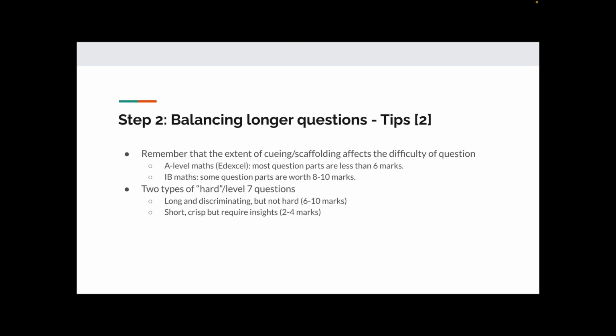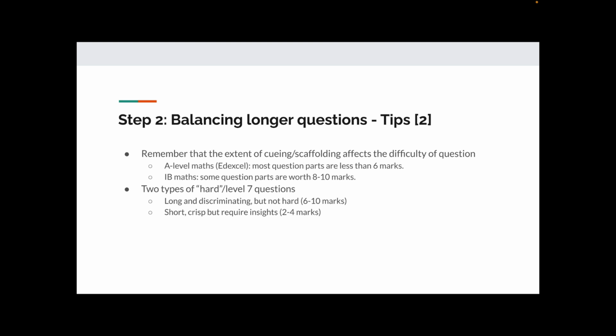The last part or parts of the question should either be long and discriminating but not hard, 6 to 10 marks, so it's going to be a very long procedure that is discriminating in and of itself. In other words, it's not trivial that everyone will get it correctly, but it's simple enough that students who do know what they're doing will most likely get full marks or close to full marks.